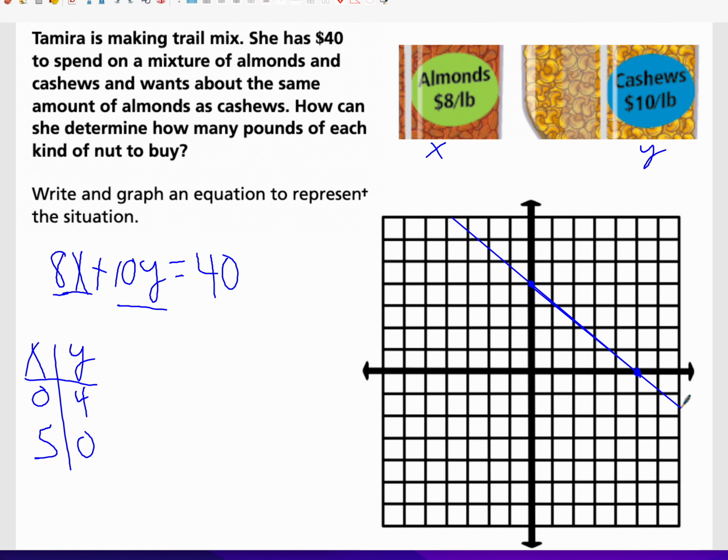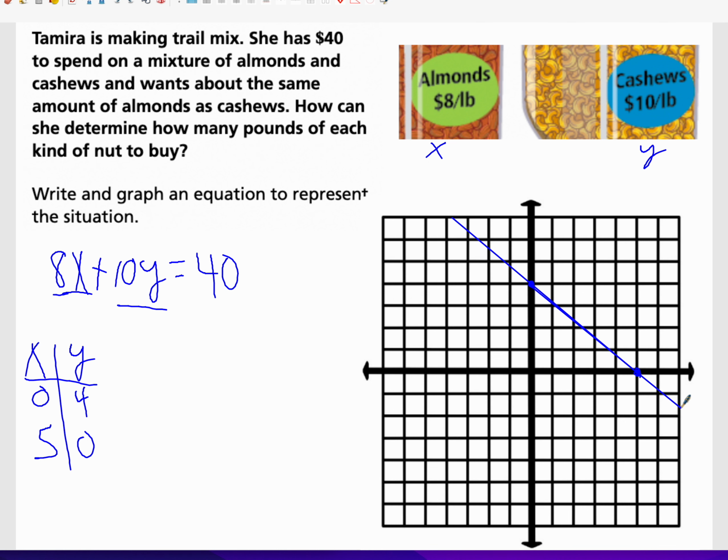Now, the thing about almonds and cashews, is it possible to buy, does she just have to buy like 1 pound of one and 4 pounds of the other or something? No, she could buy 1.5 pounds and 3.5 and 3.2 and that kind of stuff, right?